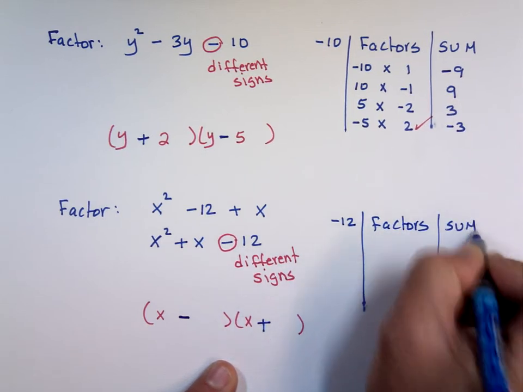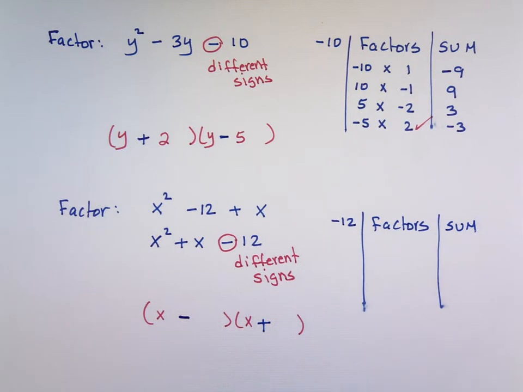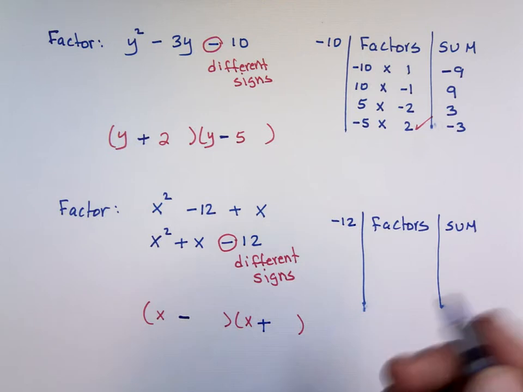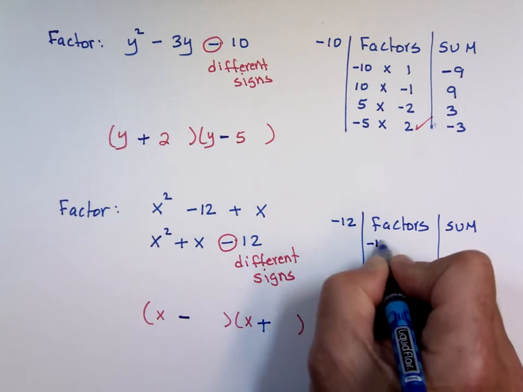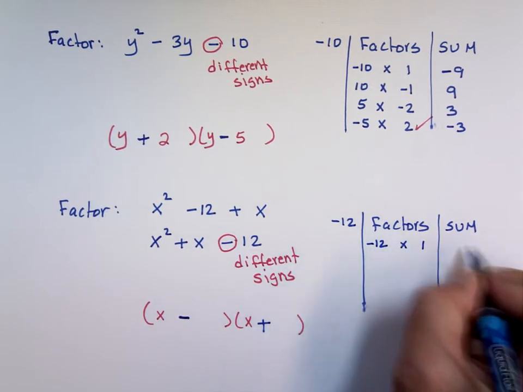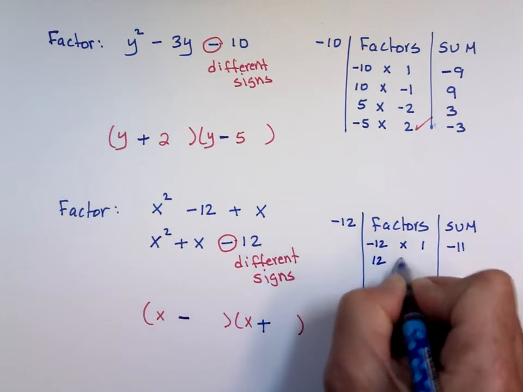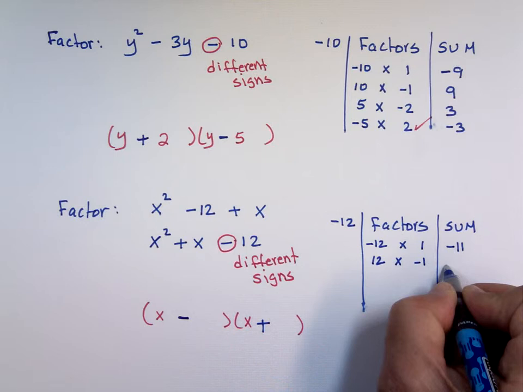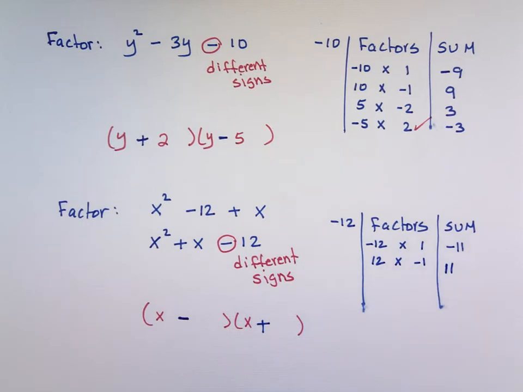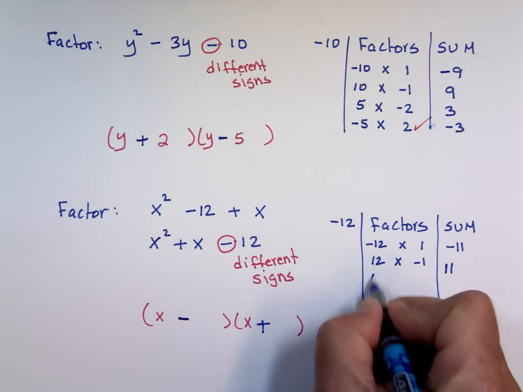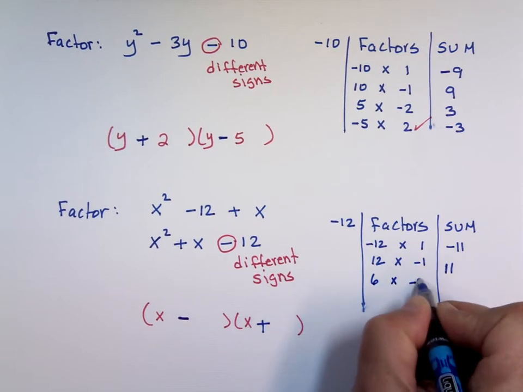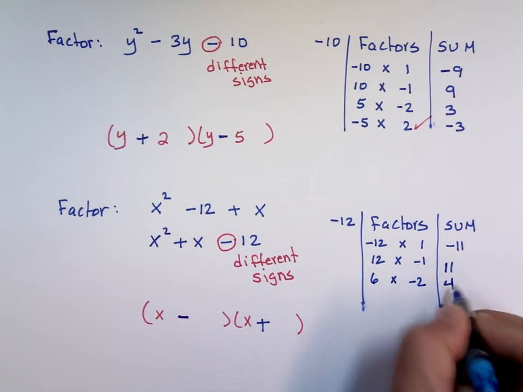And soon enough, you probably noticed by now, 12 and 1 probably not going to work out. Negative 12 times 1, that's a negative 11. 12 times a negative 1, that's plus 11. That doesn't work so far. 6 times a negative 2, that's a 4. That doesn't work.